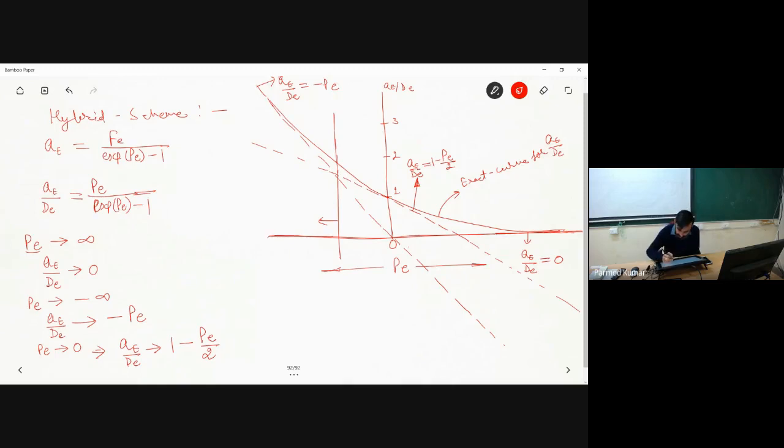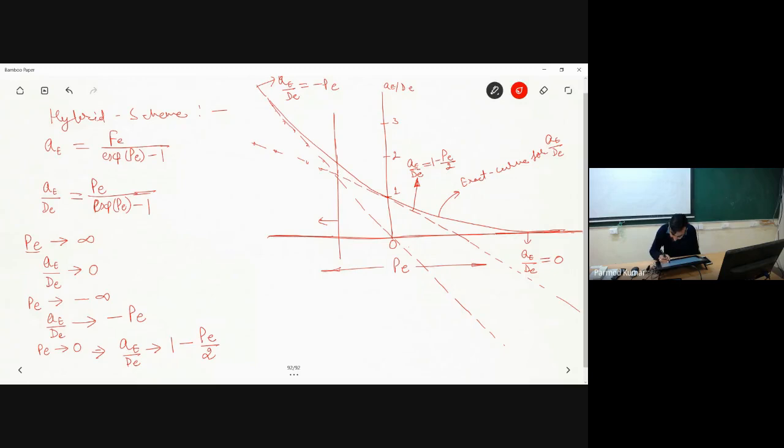And one more line I am having, AE by DE equal to 1 minus Peclet number by 2, that is giving me these values. And one more line, AE by DE equal to minus Peclet number, that is giving me these values. So in this region, whatever the maximum value I am getting for AE by DE, the maximum of all these three, that is closely approximating the exact curve.